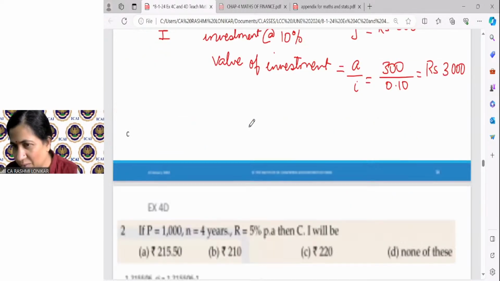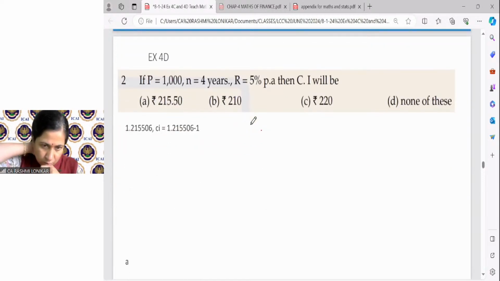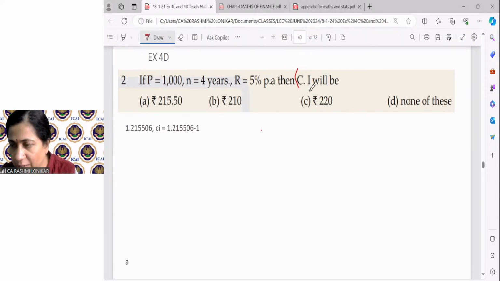Yes, very good. Now let us go to exercise 4D. If P is given, N is given, R is given, they are asking you to find the compound interest.